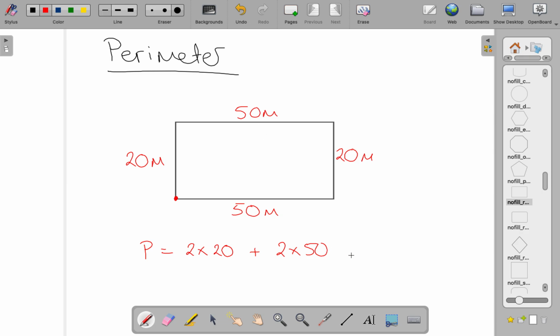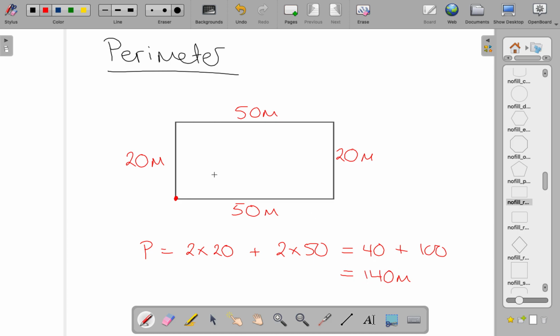That's going to be 40 plus 100, which is equal to 140 meters. So I've walked 140 meters, which means the perimeter of this shape is 140 meters.